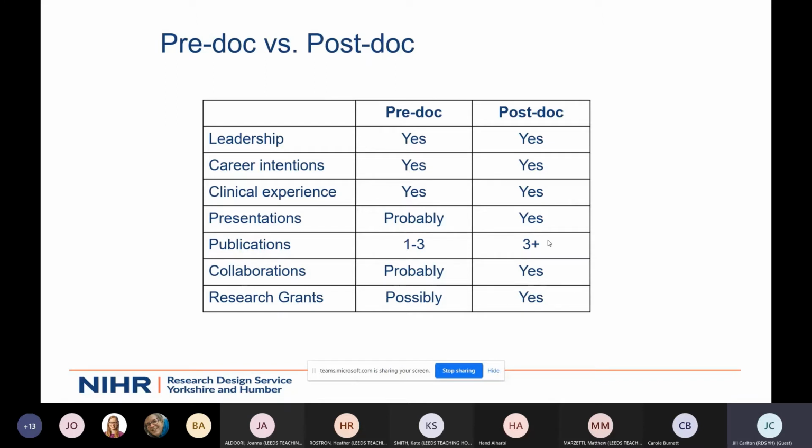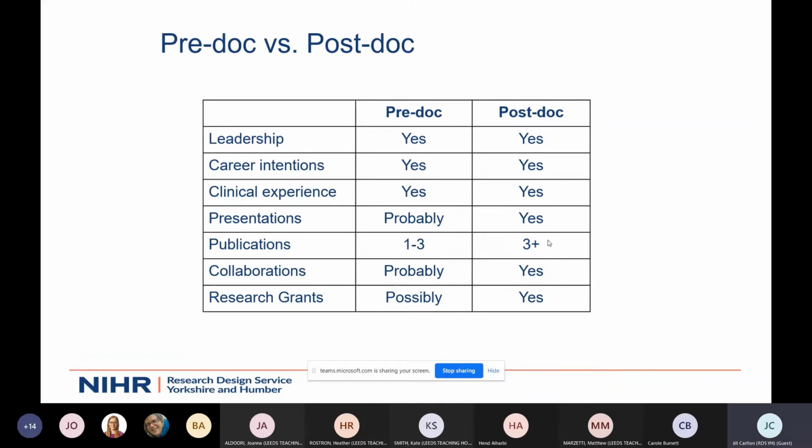As I mentioned, it's very competitive. I think those numbers are probably a little bit on the low side, but there have been people who have been shortlisted for interview with those kind of numbers. So as I say, they do take it into context as to where you are within your career at the time of application submission.